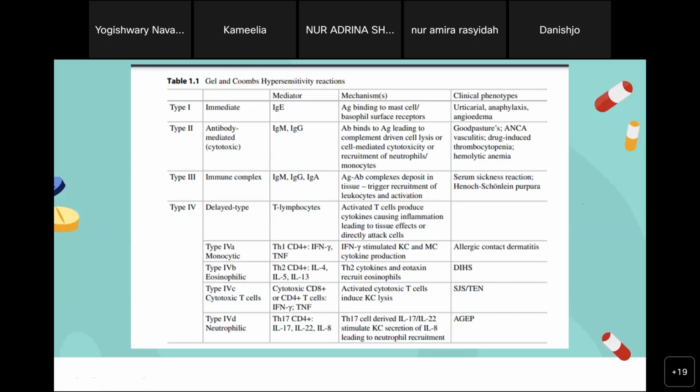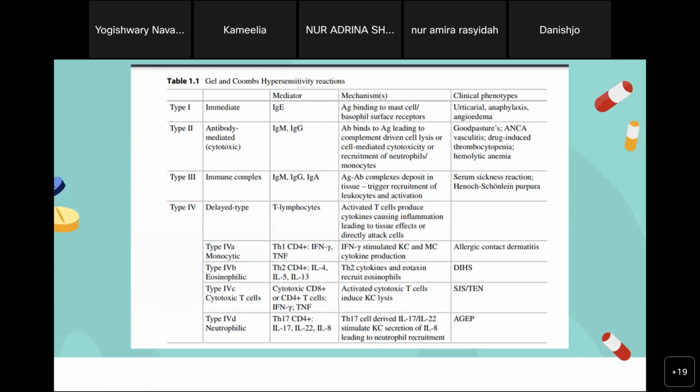okay, so I've attached the types of hypersensitivity reactions, which are immediate, antibody-mediated, immune complex, and delayed, with the common clinical phenotypes that patients present with. For example, when they have immediate reaction, they usually present with urticaria or angioedema.